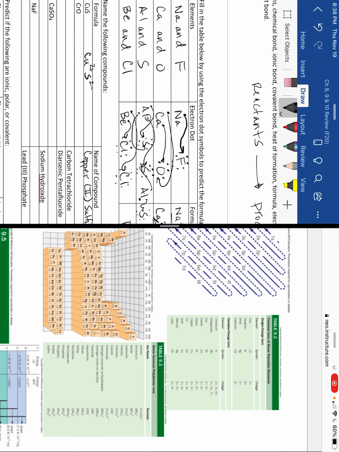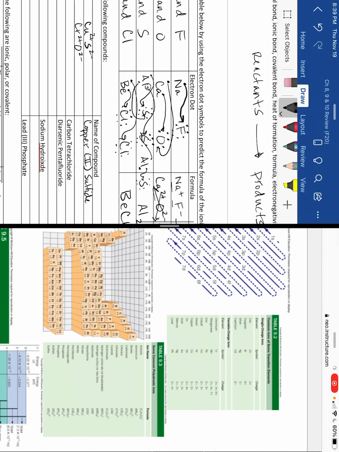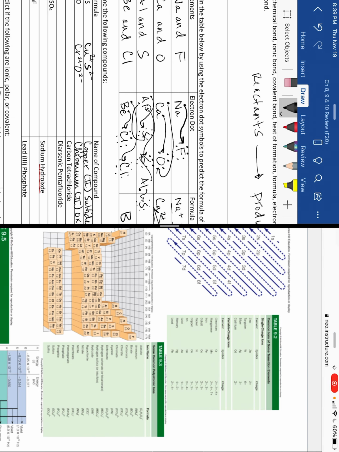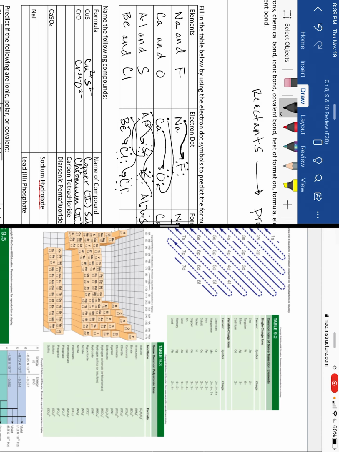Okay, sorry about that. And then chromium is the same way. You have to figure out which one it is. Well, you know oxygen is 2 negative, so since it's just CrO like that, it has to be like this, right? So it's chromium(II) oxide. Right, then I gave the name of some. I said carbon tetrachloride. Well, if it has these prefixes like this, that tells you that you're probably dealing with a covalent compound, right?